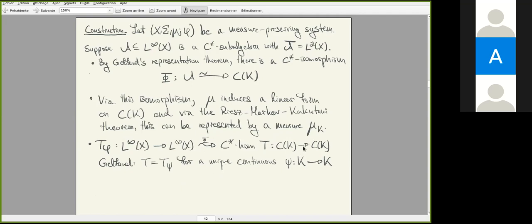And then Gelfand tells us, if you have a C star homomorphism on some C of K, then it is already a Koopman operator for some unique continuous function.